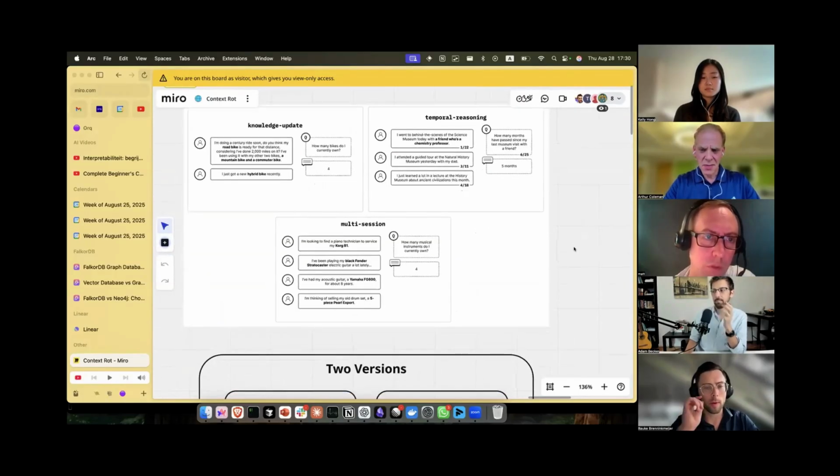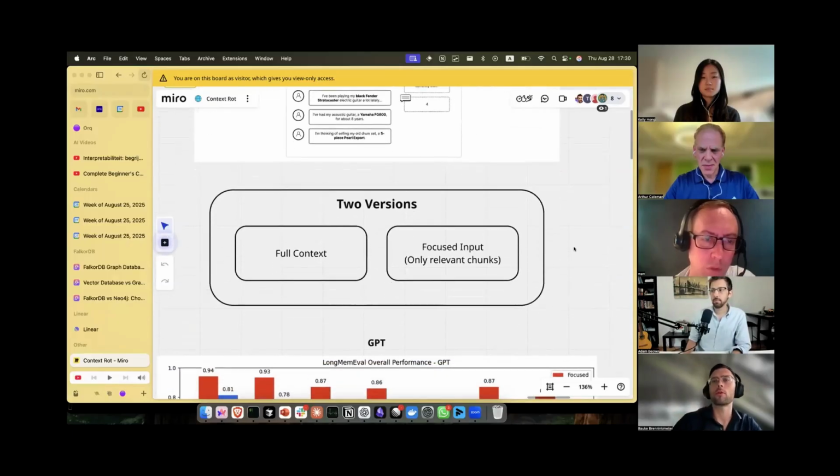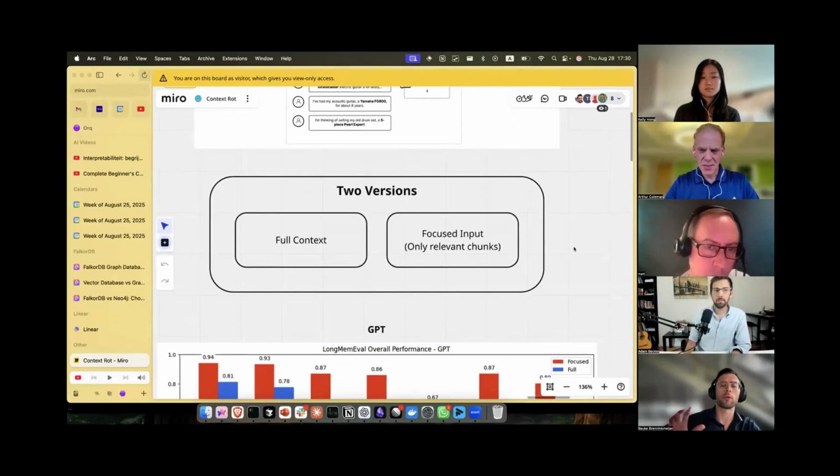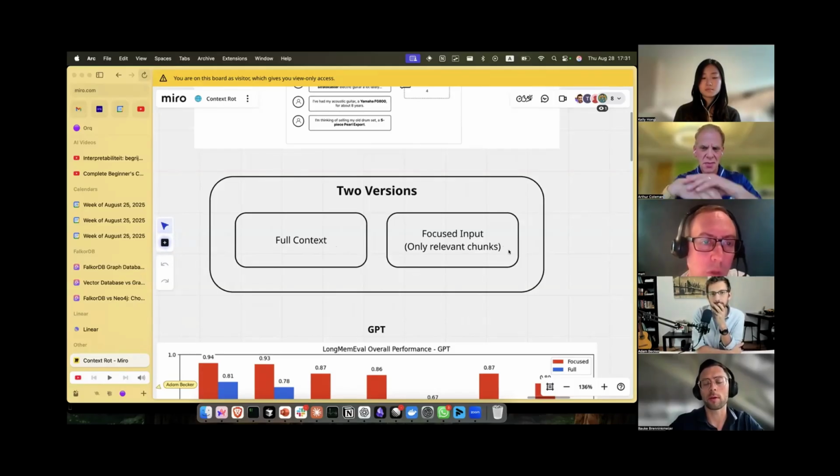In terms of the experiment, the retrieval tests were done both on the full input and on the focused input, which only contains the chunks relevant for the specific question being asked, to compare how much impact the additional distractors or additional context have.